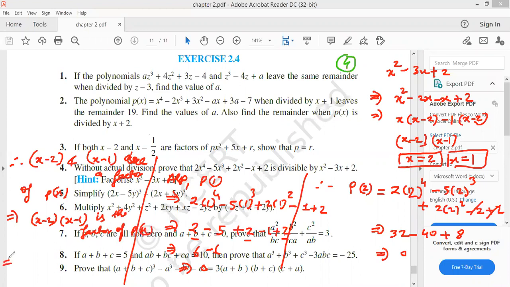Hence we can write, if you multiply this one, you'll get x square minus 3x plus 2 is a factor of p of x. Is it clear? Is it clear? Yes, sir. So write it and try to solve this last 4 questions if you can. Otherwise, we will solve that in the next class.